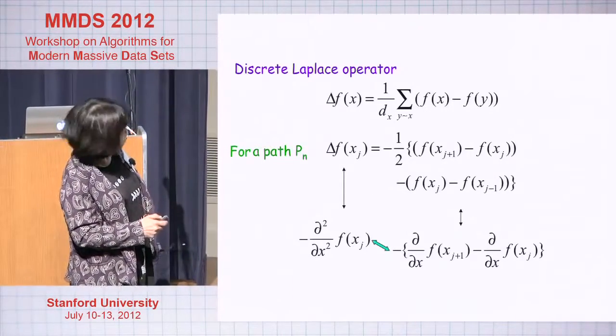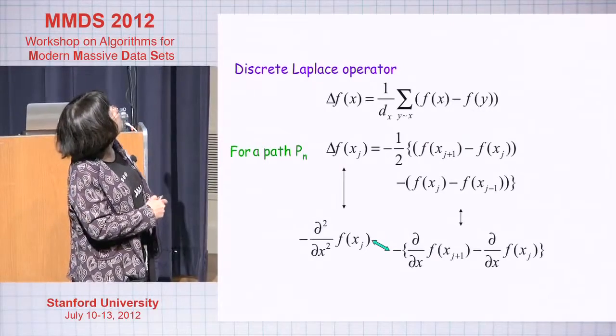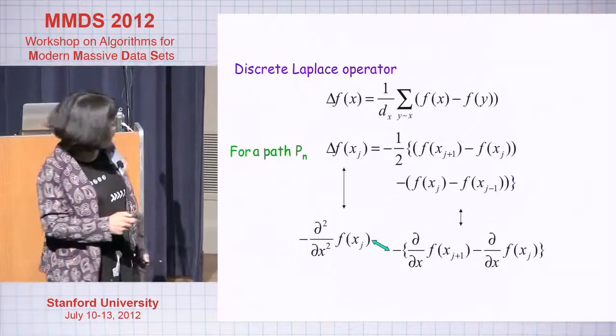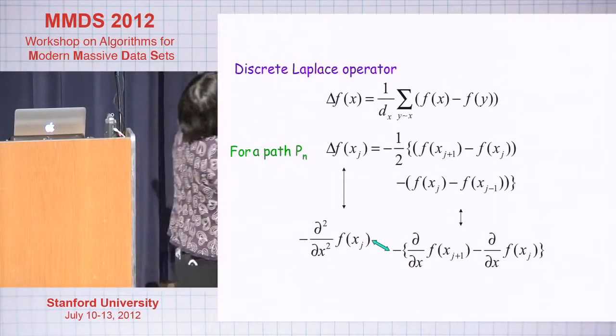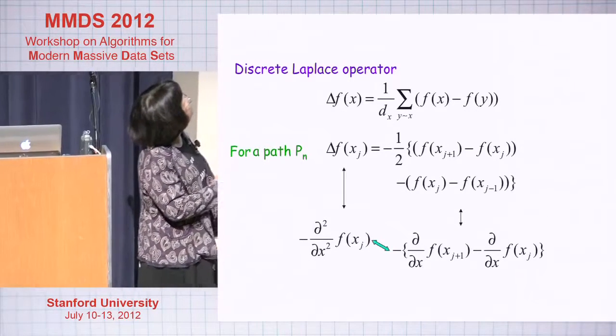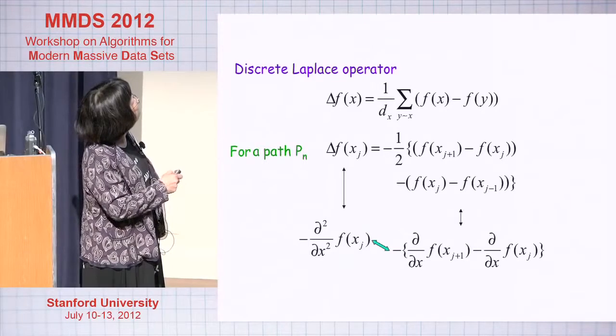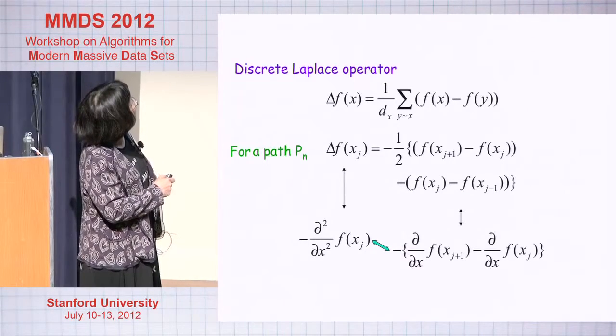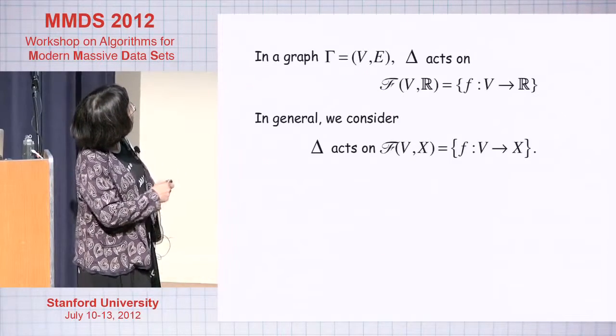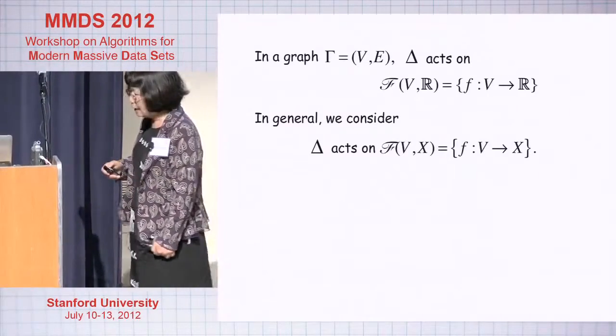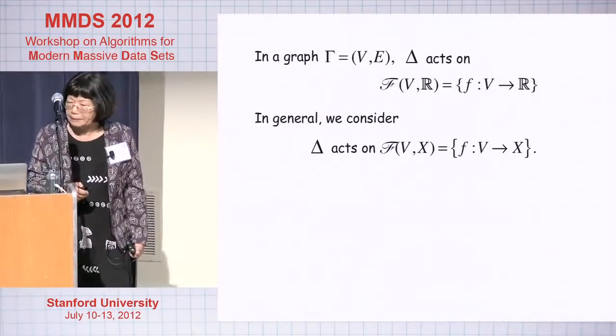But in particular, one thing playing a key role is the discrete Laplace operator, which you can write like this, summing over all its neighbors, and sort of the analogy of the classical Laplace operator.